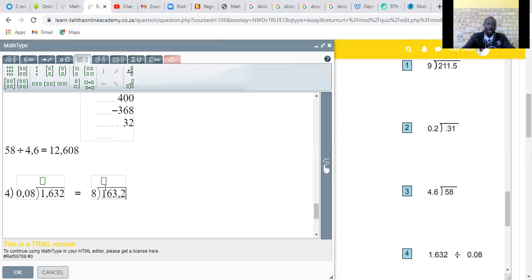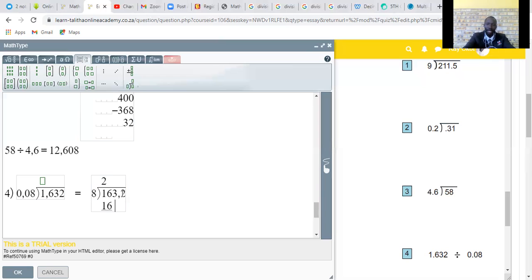Now we can carry on with our division. Let's start with 16. Can 16 be divided by 8? Yes, 8 will go into 16 2 times, because 2 times 8 is 16.